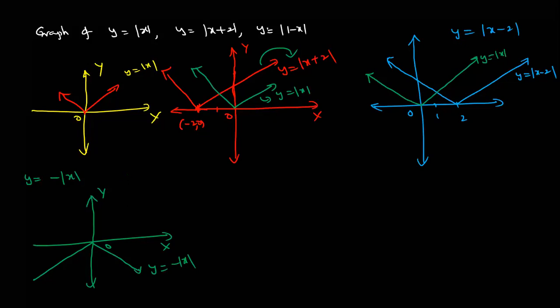Fine. Dear students, now y is equal to 1 minus mod x. Y is equal to 2 minus mod x. How to draw these graphs? That is the question. Can anyone guess? See carefully.